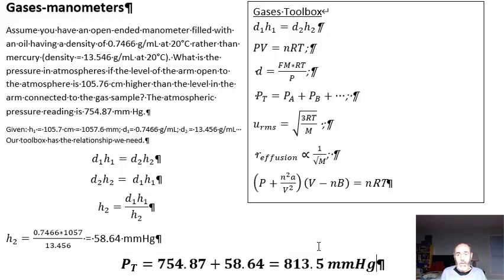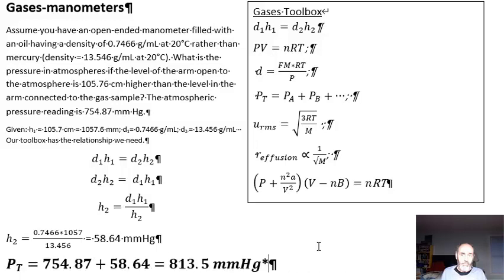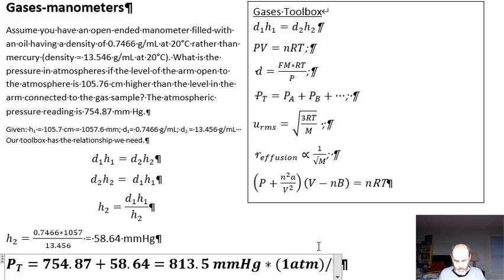Which we can then convert to atmospheres by recognizing that 1 atmosphere per 760 millimeters of mercury.